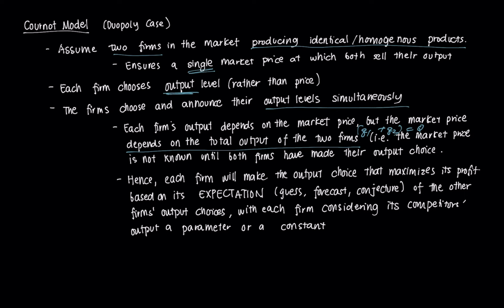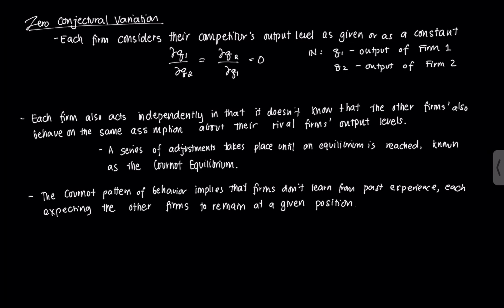Hence, each firm will have to set output in such a way that it maximizes profit, right? So the goal of the firm is still to maximize profit, but it does this based on its expectation, some guess, some forecast, or some conjecture of the other firm's output choices, with each firm considering its competitor's output a parameter or a constant. That sort of assumption on maximizing profit based on an expectation gives rise to a particular concept we call zero conjectural variation.